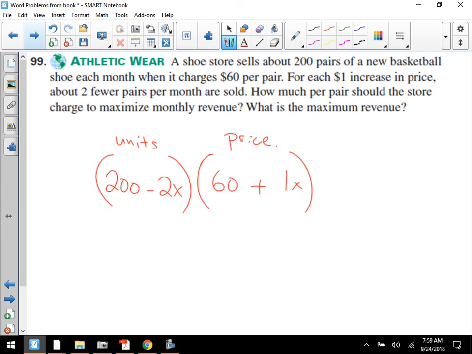Now, what form is this written in? It's intercept form, isn't it? That's intercept form. Whenever you're written in intercept form, it is super fast to get your answers because what can you find in intercept form? You get your zeros, and what happens halfway between the zeros? Your axis of symmetry.